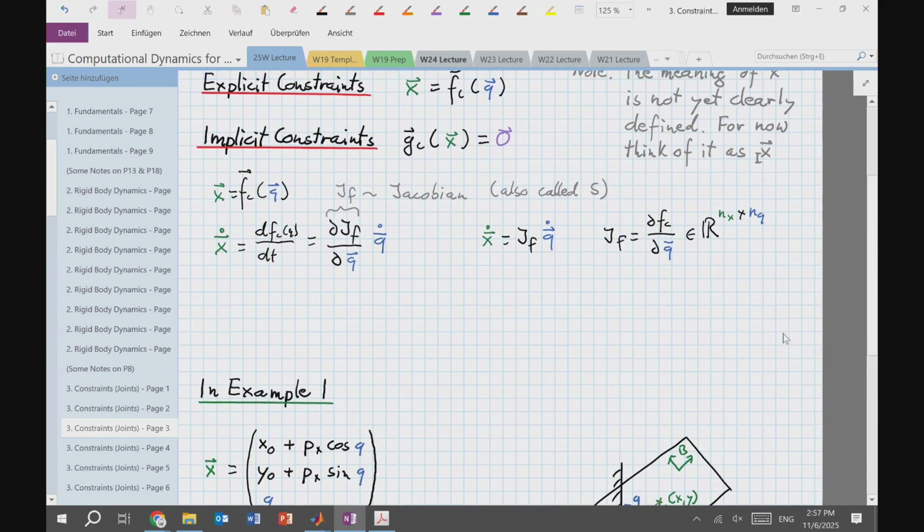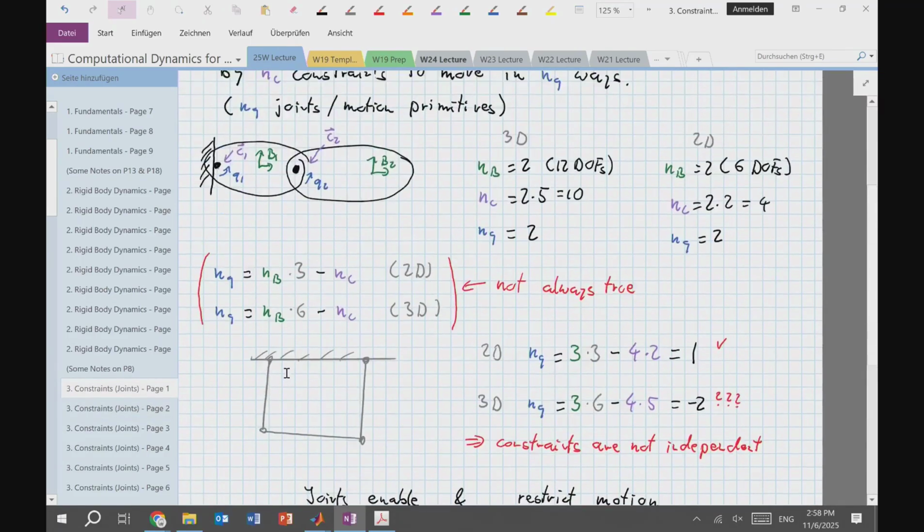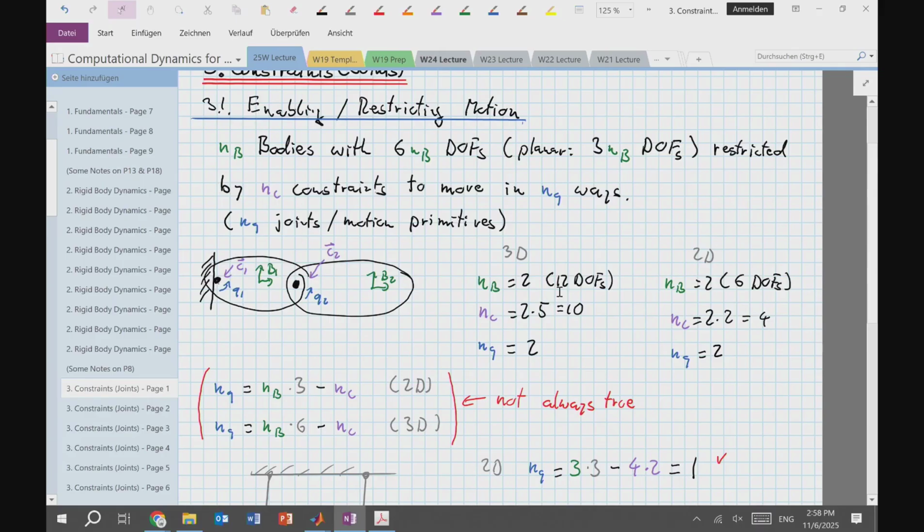Question, how do I know how many equations I need for these explicit and implicit constraints? Is there like a rule of thumb? It's a good question. This is what I was trying to highlight here. You can count your motion primitives. For every joint, you know how many degrees of freedom it has. You can count the number of bodies, and then you would get basically the numbers that we see here.